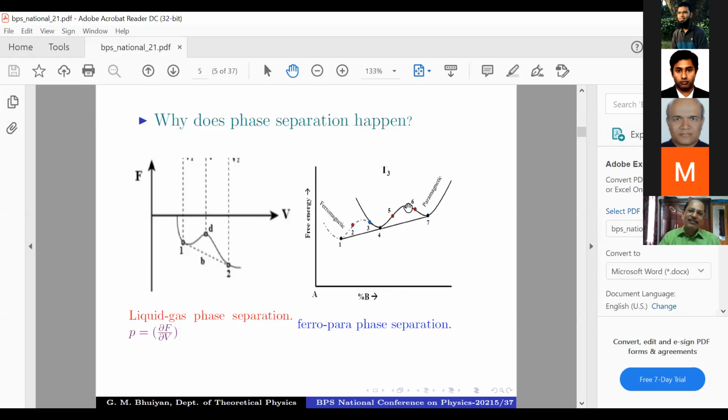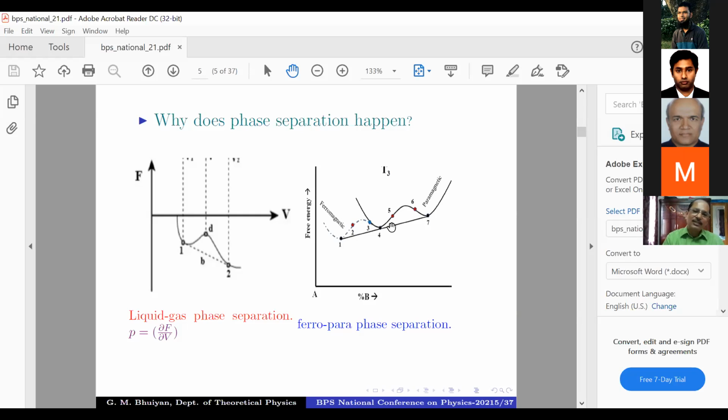So again, according to thermodynamics, this is an equilibrium state, and this is another equilibrium state. In this state, ferromagnetism is at equilibrium, and on the other side, paramagnetism is there. So there is a phase separation, and here particularly we call it the phase transition from ferro to para.